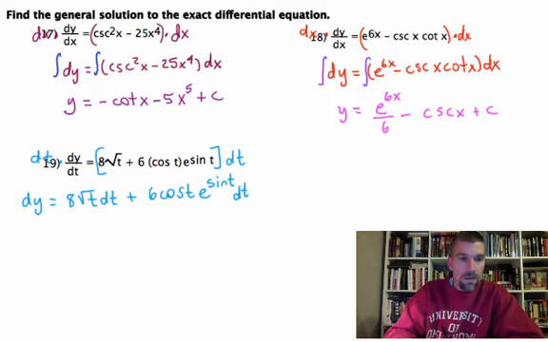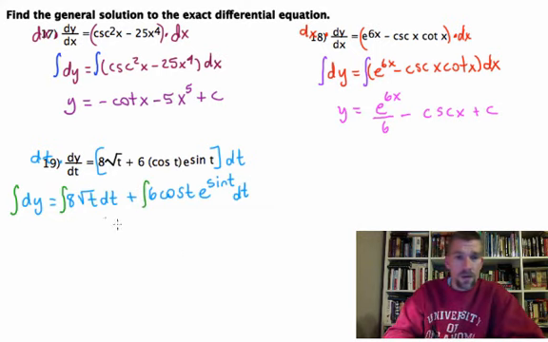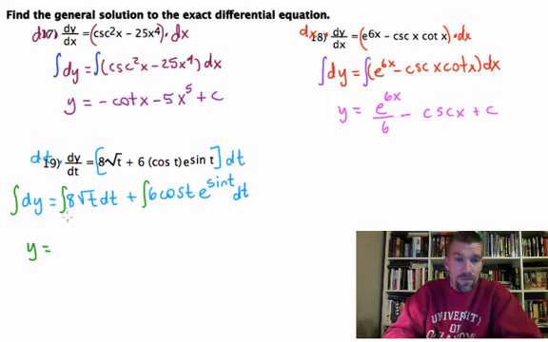And now when I integrate both sides, I'm going to integrate everything that has the dt with it. So it makes my problem a little bit easier. On the left, I only have y's, so that's going to give me y equals. Now, on the right, this is going to be a little weird, but remember, 8 can come into the front.